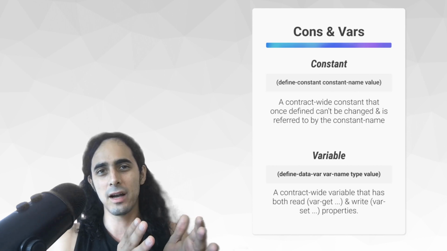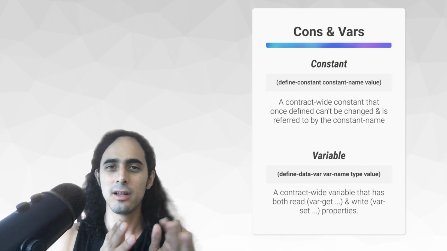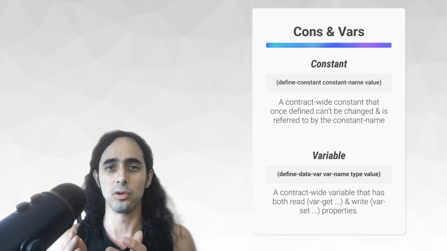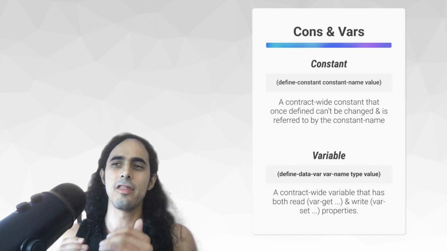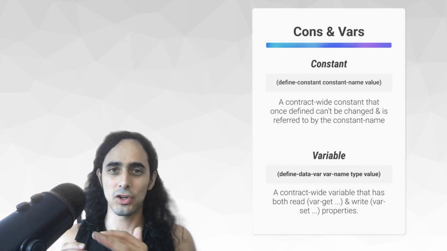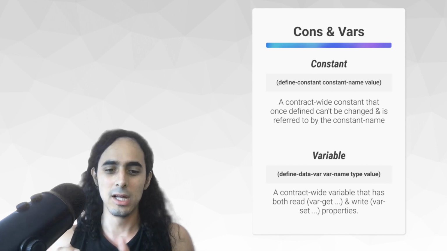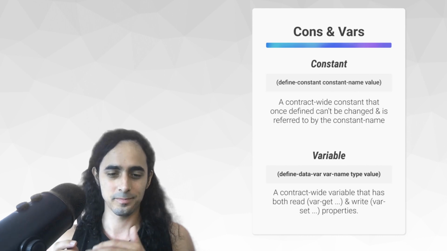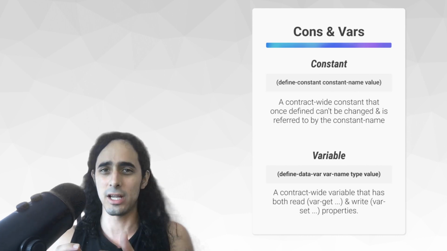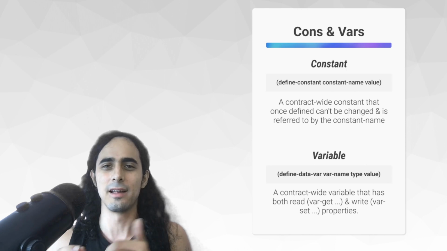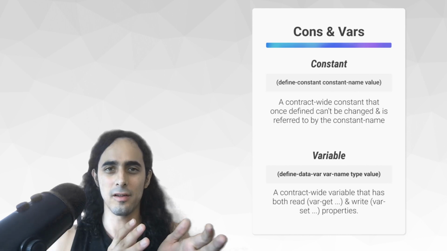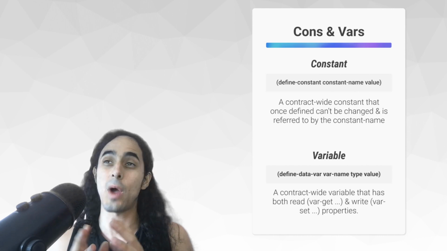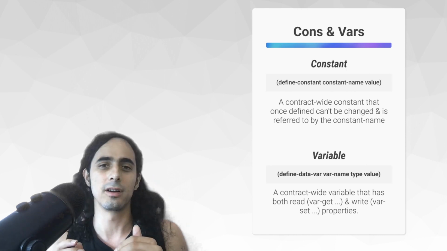Once they're defined in the contract, they never change. And the second is going to be called just a variable. As the name suggests, that is going to be significantly more useful and accessible. It's what a lot of contracts use to keep track of data, change data, let users update it, etc. So constants and variables, and with those two, we're going to drastically jump in our knowledge of Clarity.